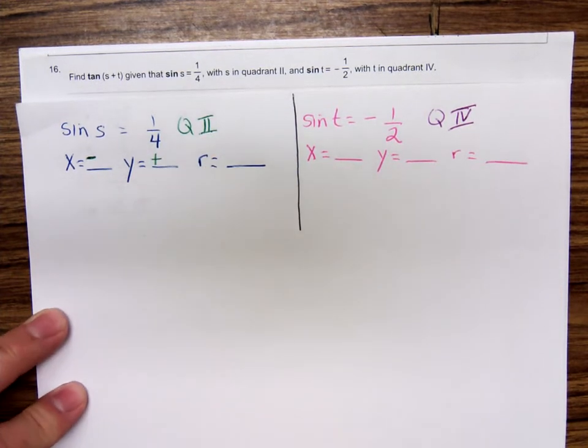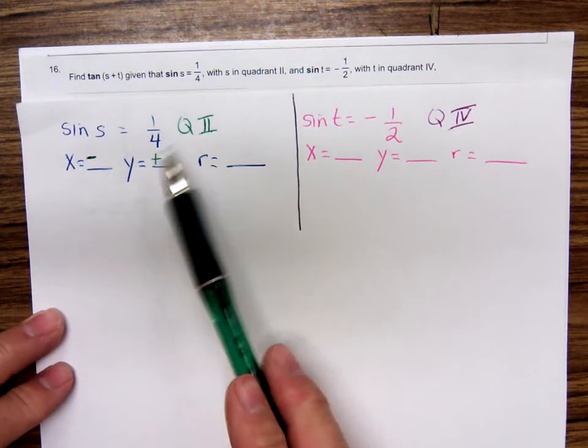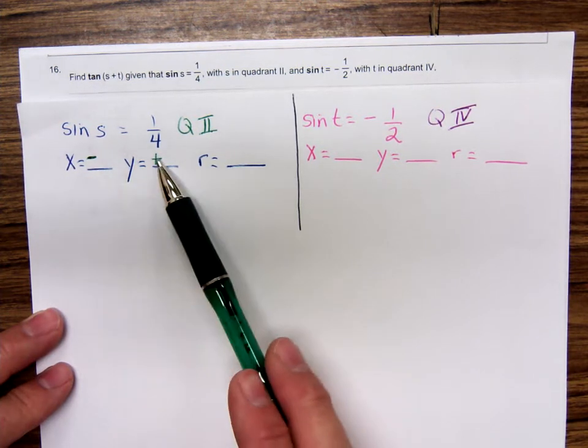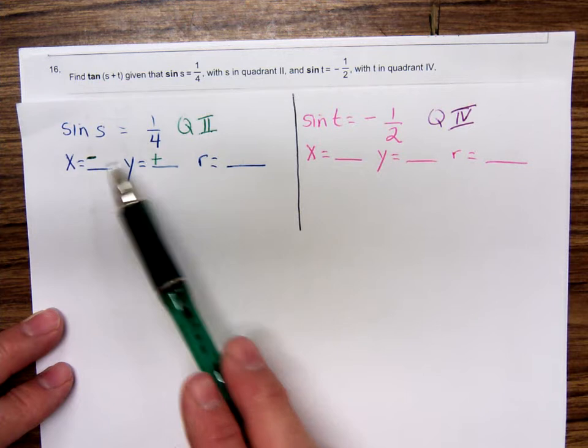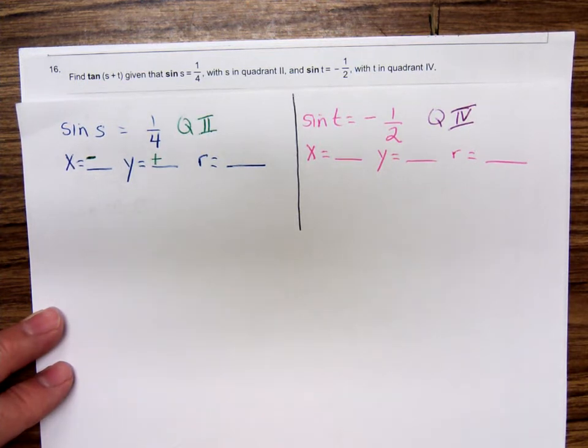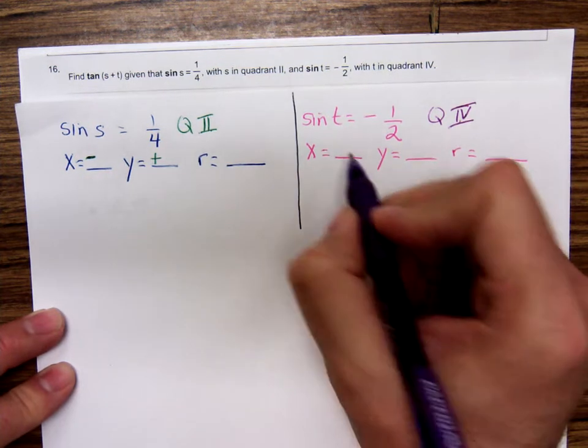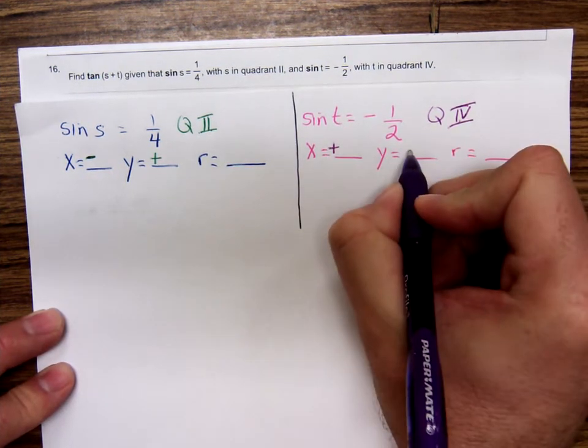Can y'all tell my green? The quadrant 2 I used right here to decide between these signs on X and Y. Now, over here we're in quadrant 4, and so in quadrant 4, X is positive, Y is negative.